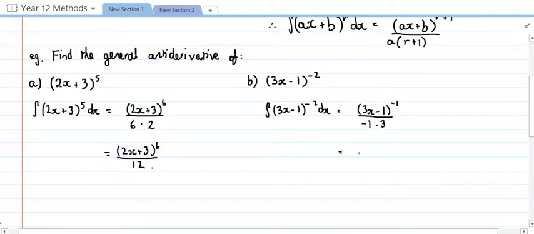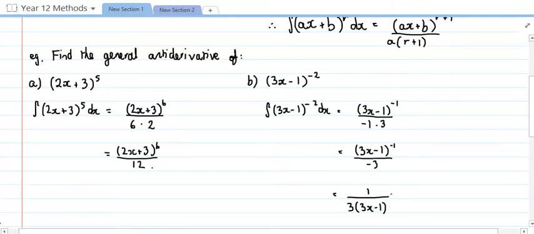And in the end that gives 3x minus 1 to the power of -1 all over -3. You might choose to rewrite that in a nicer format, so positive divided by negative makes it negative, and we can move this here down the bottom to give it a positive power. So it can actually just be written as 1 over 3 times 3x minus 1 all to the power of 1, which I don't need to write there.